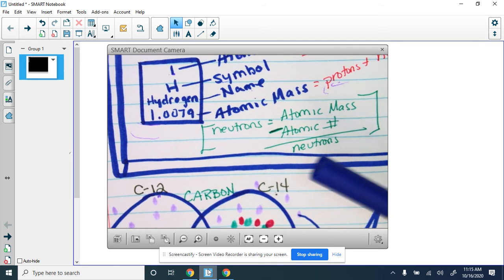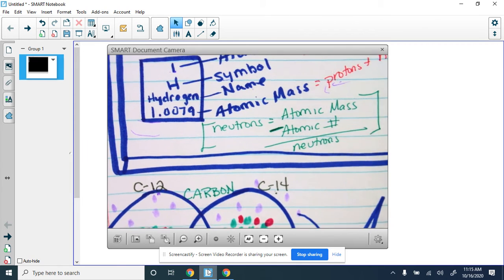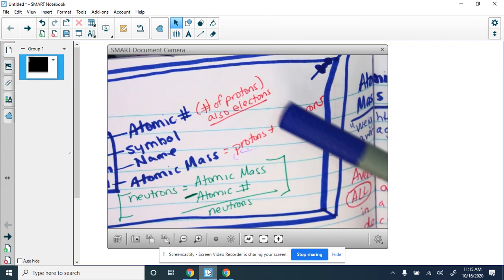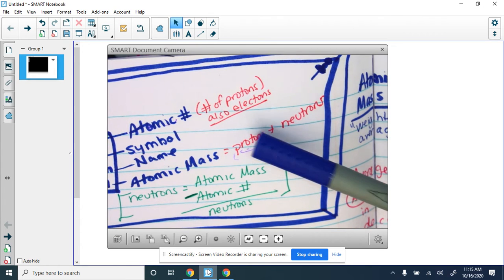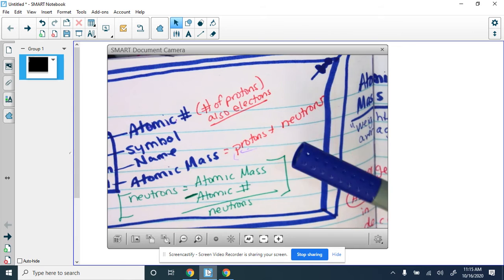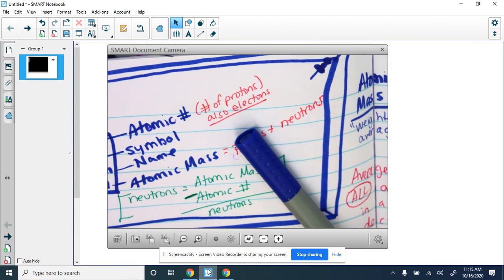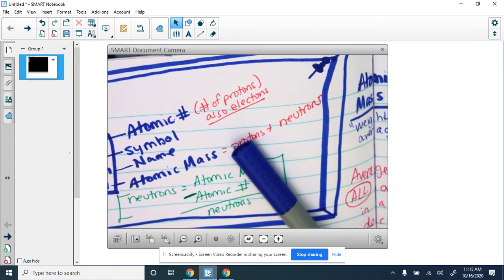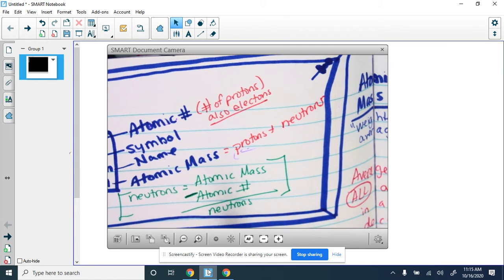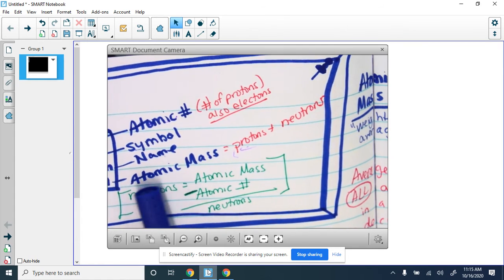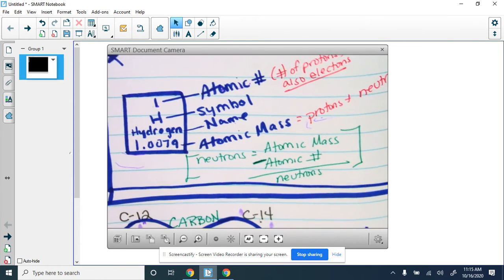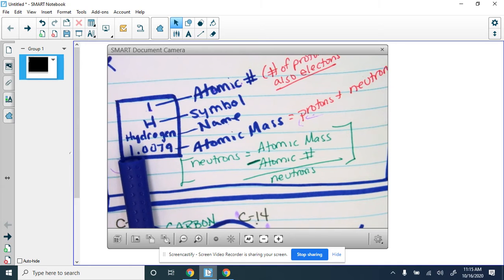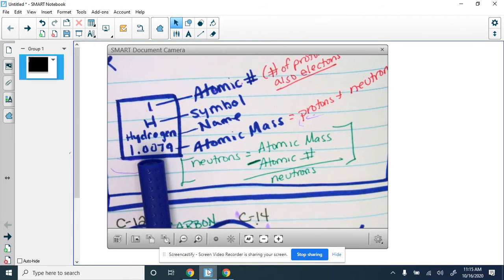So to find the number of neutrons, if we know how many protons there are, and we know what the number of protons plus neutrons is, we just need to get rid of protons. And because this is a plus, to get rid of it, you would just subtract it. So we would take our atomic mass, which is right here, and if I rounded this number to the nearest whole number, this would be a 1 because it's 1.0.